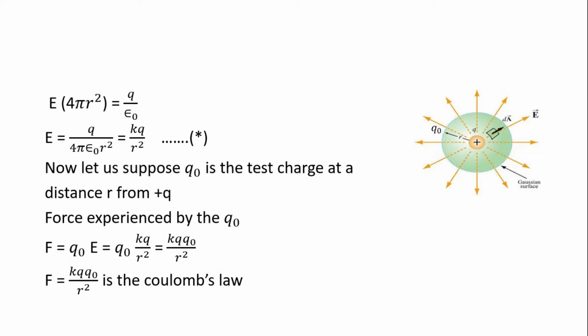We have to find E, so E is equal to q divided by 4 pi epsilon naught r square, which is, because 1 by 4 pi epsilon naught is K, K into Q divided by R square. Call this equation star.